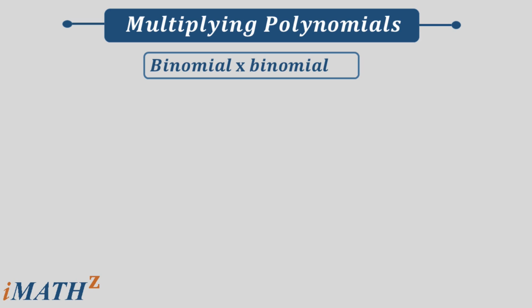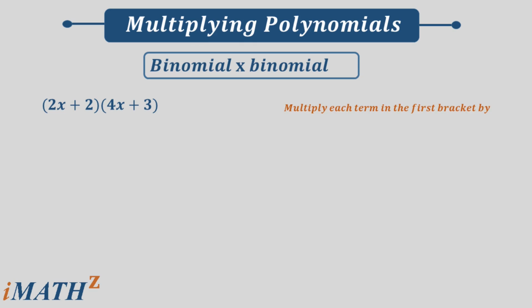That is to say, the first term in the first bracket must be multiplied by each of the terms in the second bracket, and the second term in the first bracket also needs to be multiplied by each of the terms in the second bracket. For instance, if we had 2x plus 2 multiplied by 4x plus 3.